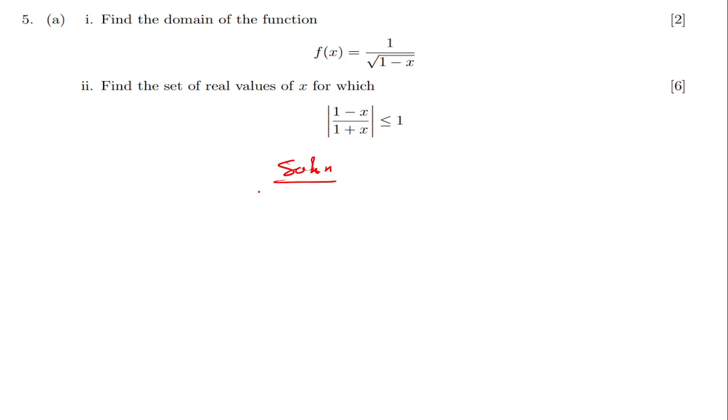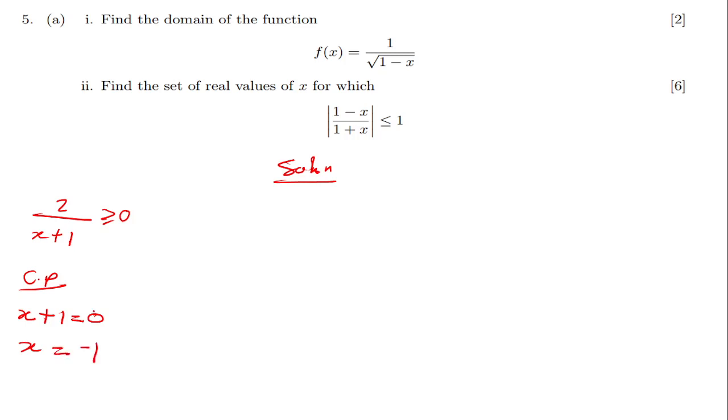So remember, we have 2 over x plus 1 is greater than or equal to 0. So the critical point is only x plus 1 equal to 0. So x is equal to what? Negative 1. Okay.